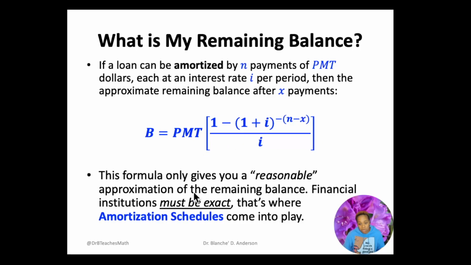Now, one of the things I want to point out about this formula, it gives you a reasonable approximation as an individual of what's going on. But when it comes to financial institutions and the banks, they have to be exact because they get audited. They have to account for every penny. So you'll see some adjustments that are made because you can't avoid rounding. Rounding happens. But for us, individual consumers, this actually gives you a reasonable approximation of how much your remaining balance is.